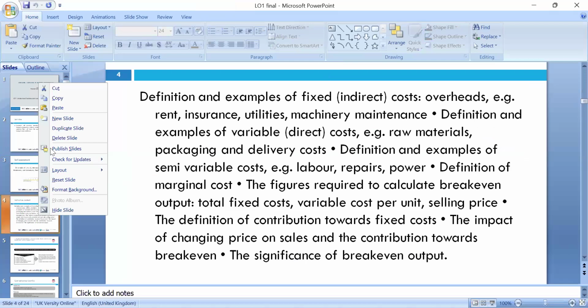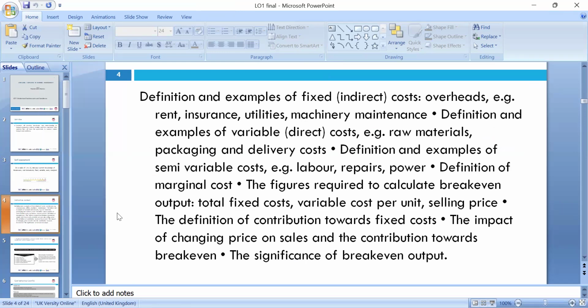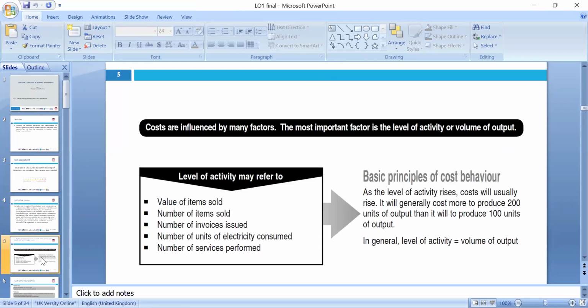Today this is the indicative content which we'll go through: cost definitions, fixed cost, variable cost. I'll rely on the syllabus and give you more examples. Costs are influenced by many factors, like at the moment, the national minimum wage.